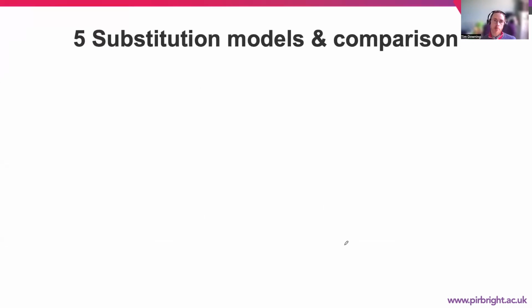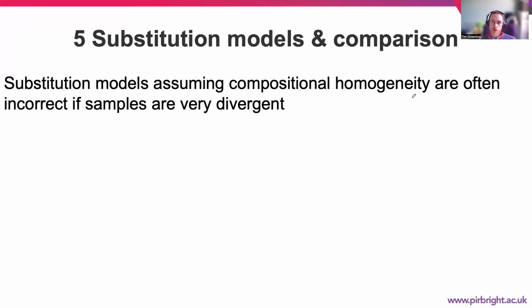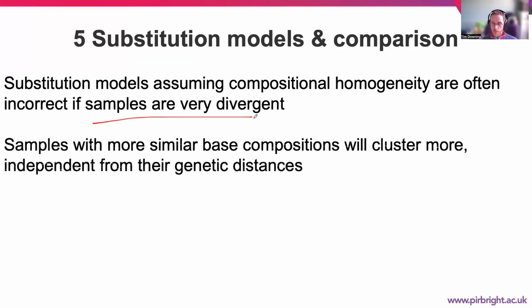So if we assume compositional homogeneity, but the samples are very divergent, they actually have different rates of change at different genomic locations and also different probabilities of changing from A, C, G, T to each other. And therefore, we're comparing apples with oranges. Samples that have intrinsically similar base compositions will cluster more, independent of their genetic distances.